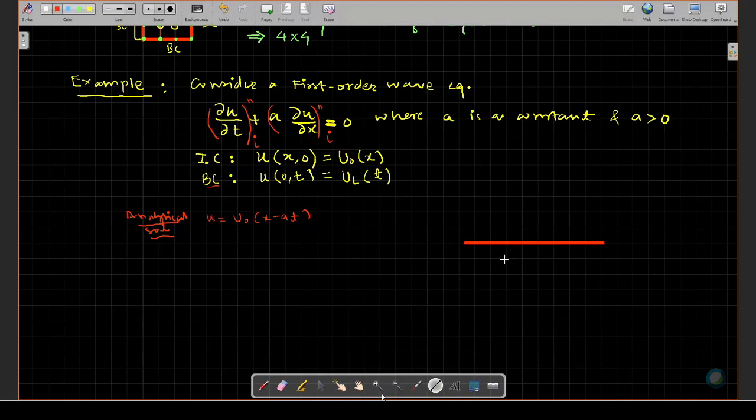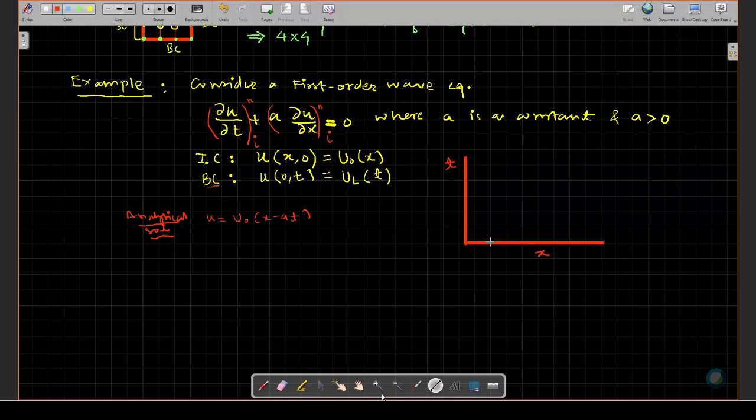Suppose this is the x direction and this is the time direction. In the x direction you may have grid points, and the same grid points will be there in time.